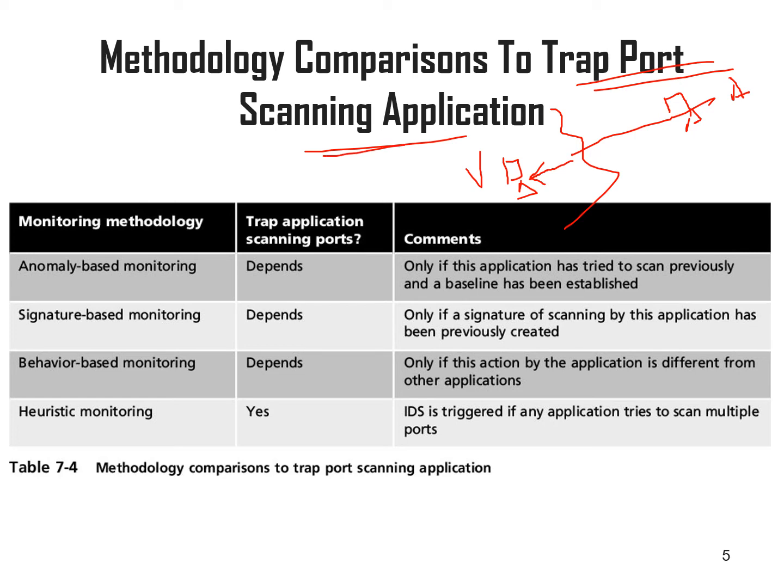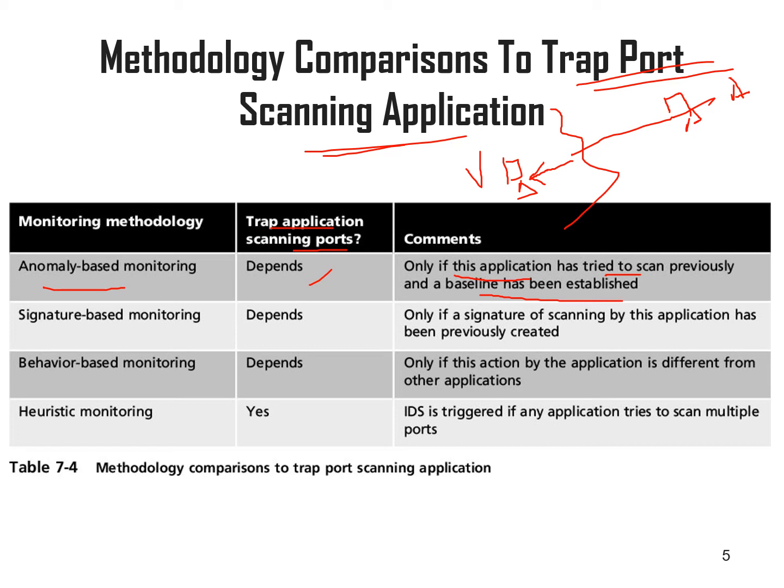Let us take anomaly-based monitoring first. Whether it will trap the application scanning ports, it depends. Only if this application has tried to scan previously and a baseline has been established, then it will be detected.